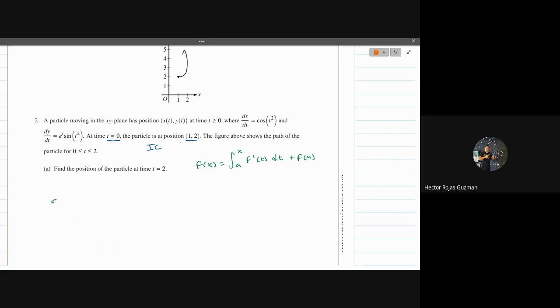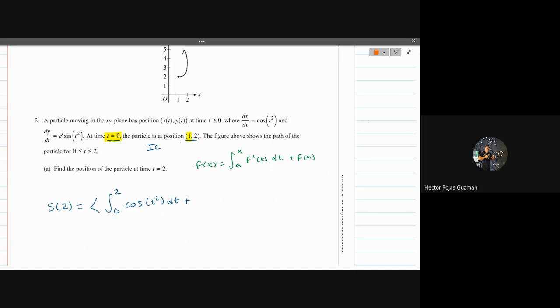But we're going to have to take this formula and apply it to vectors. So the position of the particle at 2 seconds, or whatever it is, at 2, equals, for the x component, we're going to do the integral from 0 to 2 of x prime of t, which is cosine of t squared dt plus f of a.